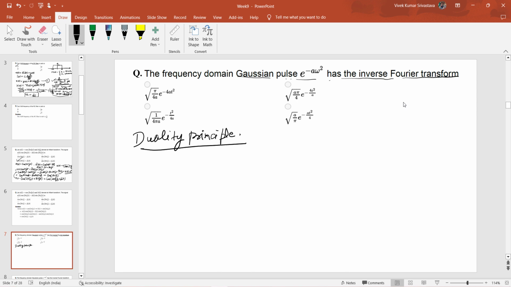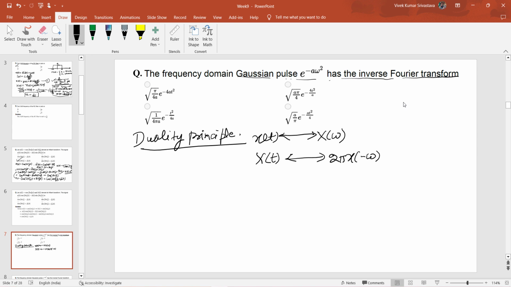Okay, the duality principle states that if x(t) has a Fourier transform X(omega), then to determine the value of capital X(t), we have to take x(minus omega) and multiply it by a factor of 2 pi.